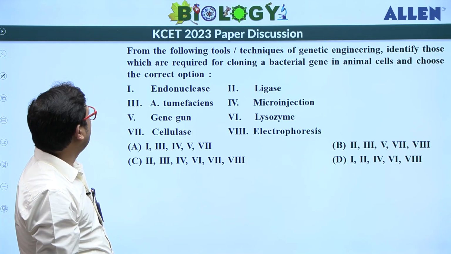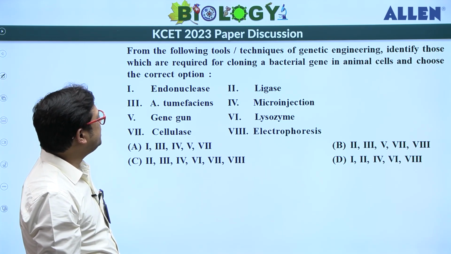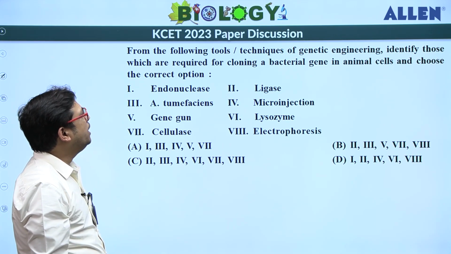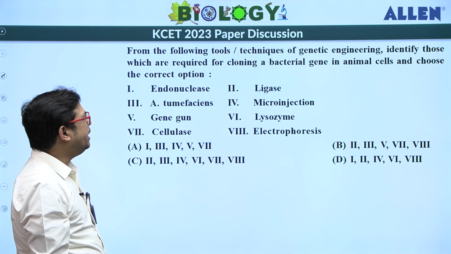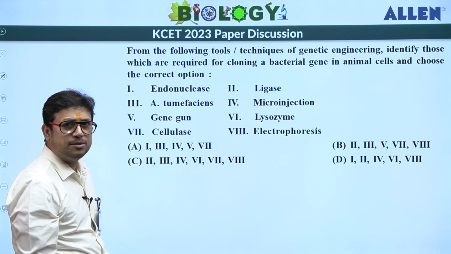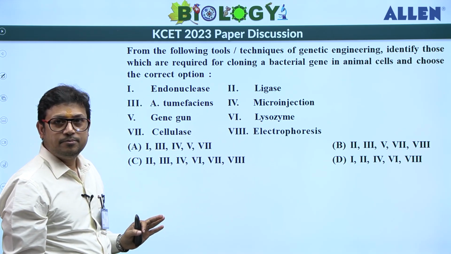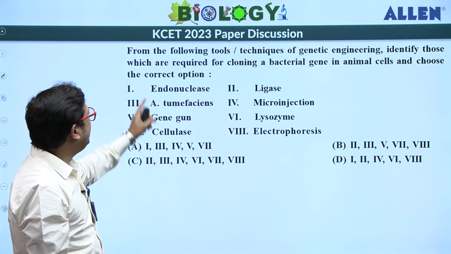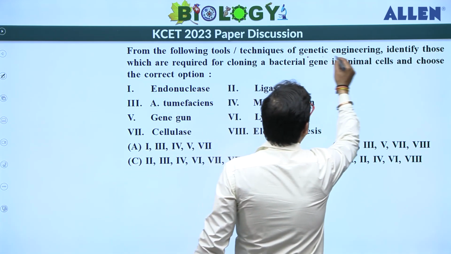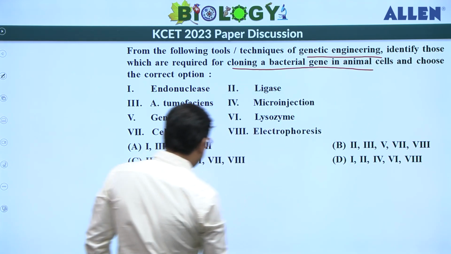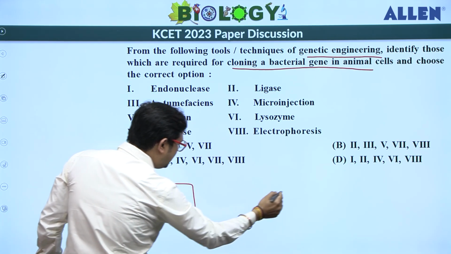Next, from the following tools or techniques of genetic engineering, identify those which are required for cloning a bacterial gene in animal cells and choose the correct option. They have given around 8 options. What exactly is it asking? It is asking the technique used in genetic engineering where you are cloning a bacterial gene in an animal cell. That means this is a bacteria and this is an animal cell.